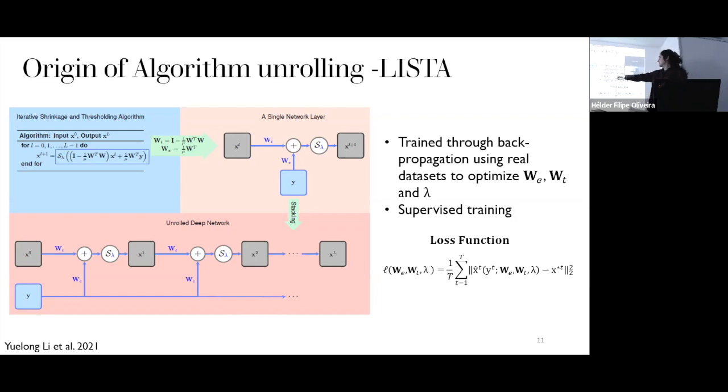Then you can see what the unrolled deep network looks like, repeating these iterations a finite number of times. The training was done through backpropagation. It was supervised training, and this is the loss function that they used, optimizing the W_E, W_T, and lambda parameters.